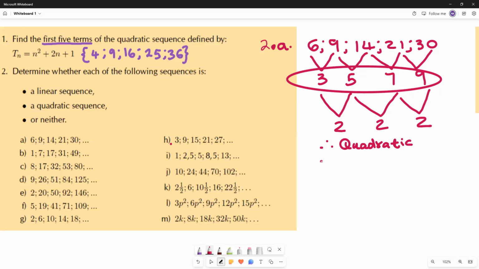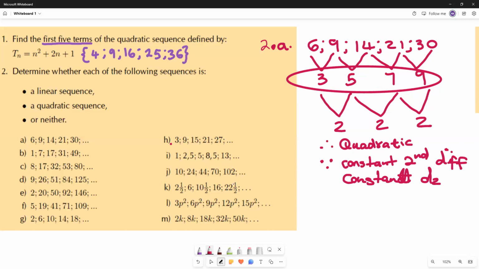You say because, this is the symbol for because, constant second difference. Or some people just write constant second difference. Do you see? Perfect.